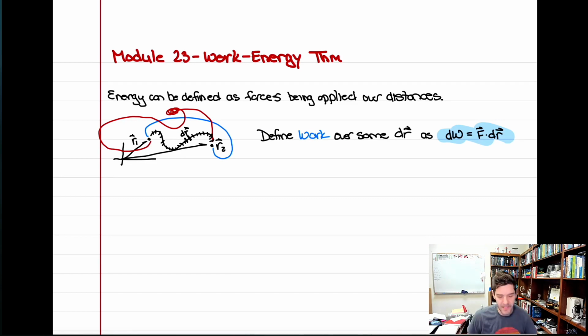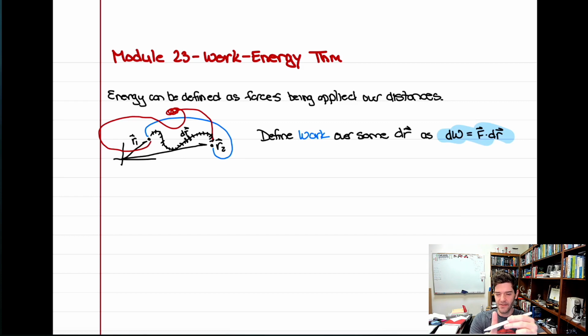If the wind is at your back, that might be pushing you along the path, and since the net force is in the same direction as your velocity vector, that might cause you to speed up. Versus if the wind is at your face and pushing against you, in that case the velocity vector and the force vector are anti-parallel, and you might imagine that's going to slow you down.